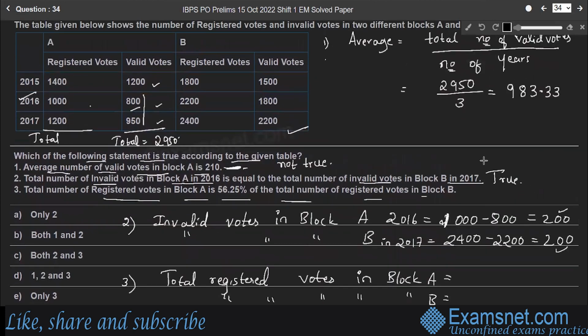We'll write it down. In block A, 1400 plus 1000, 2400, plus 1200, so 3600 is the total. Whereas in block B, total registered votes are 1800 plus 2200, so 4000. Plus 2400, so 6400 total registered votes, right?